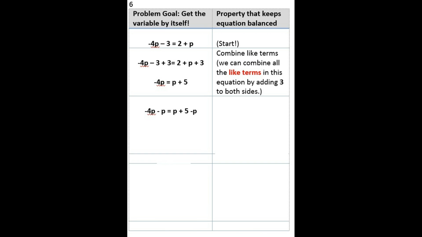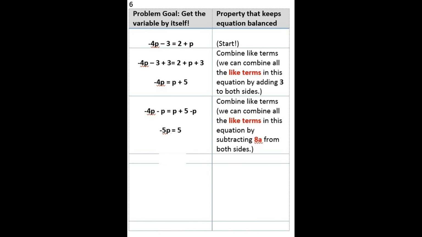Now I'm going to move the p variable over onto the left side of the equation. So negative 4p minus p equals p plus 5 minus p. Now we have negative 5p equals 5. You see what I did? We moved the p over to the left-hand side, and all of our constants are on the right.